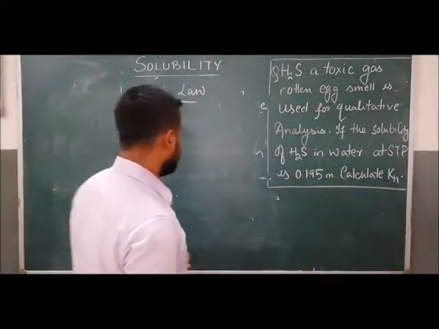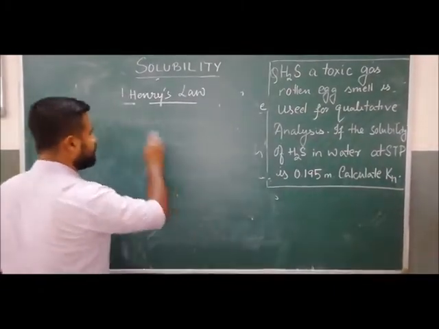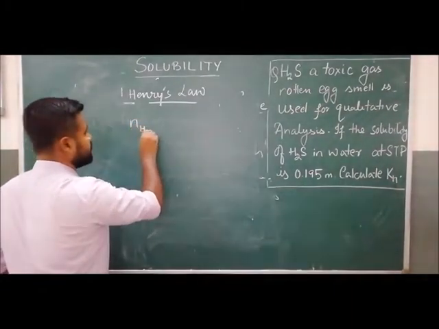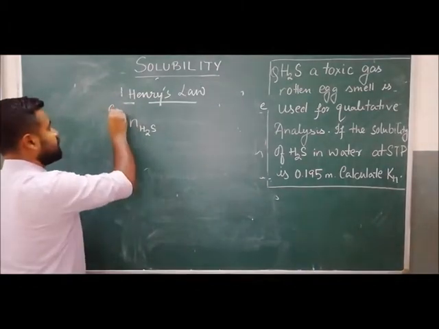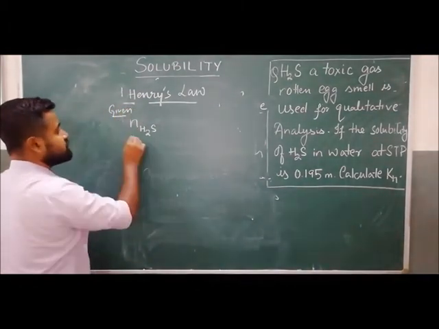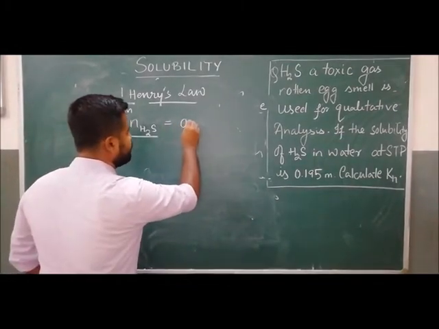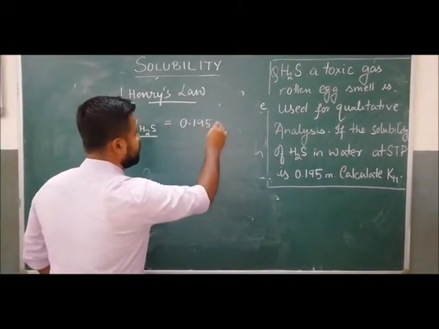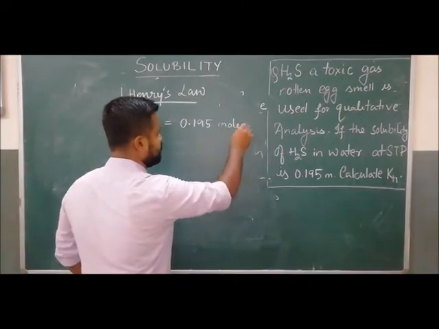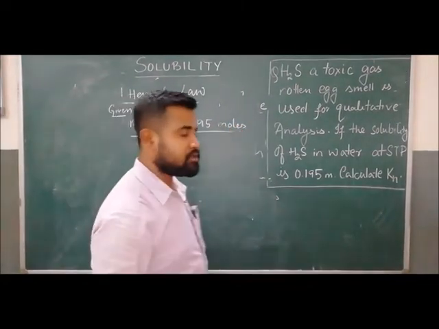Clear? So what is the number of moles of H2S? This is equal to 0.195 moles. Why am I writing 0.195 moles?